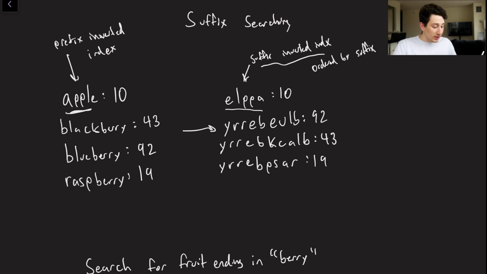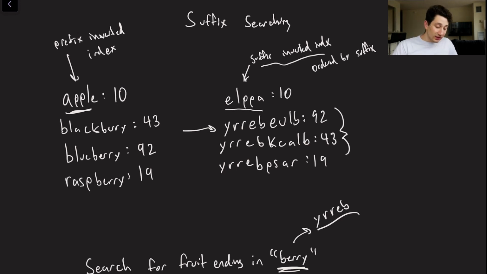And why does this help us? Because again, let's say we wanted to search for all of our fruit that end in the word berry. This is super easy. All we have to do is reverse it. We know that reversing berry turns into Y-R-R-E-B. And then we can binary search our index for all of the terms that start with Y-R-R-E-B, which is this guy right here.